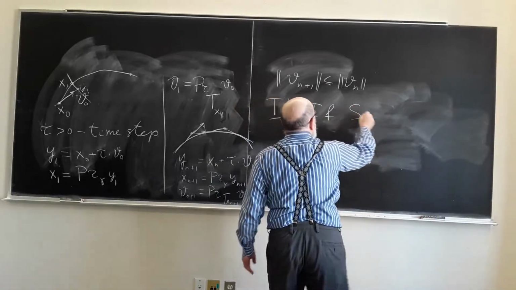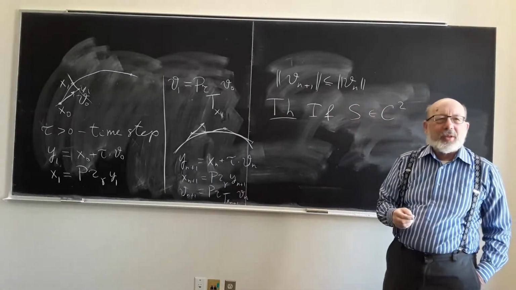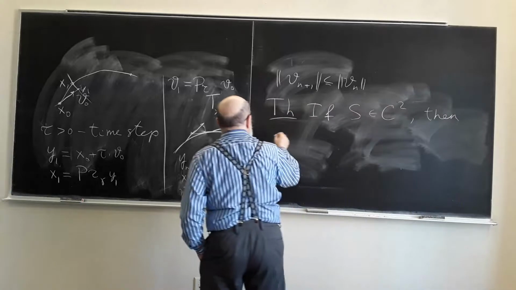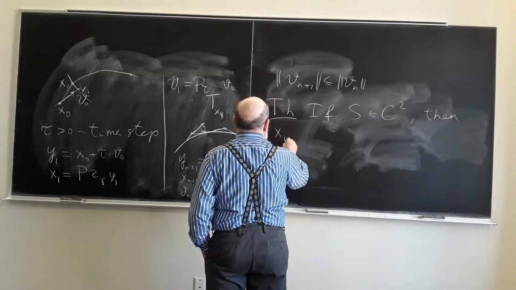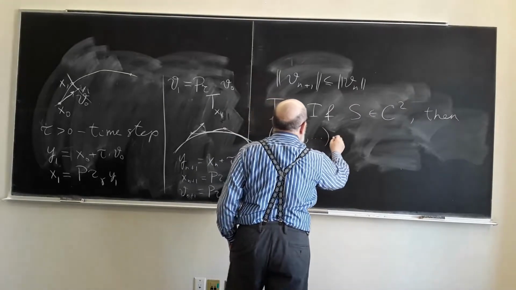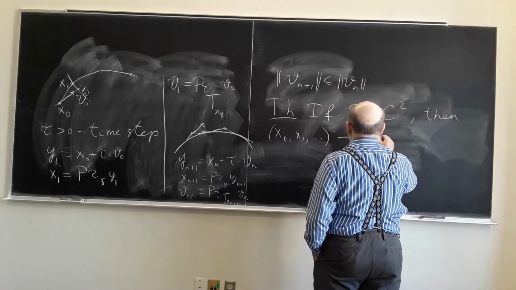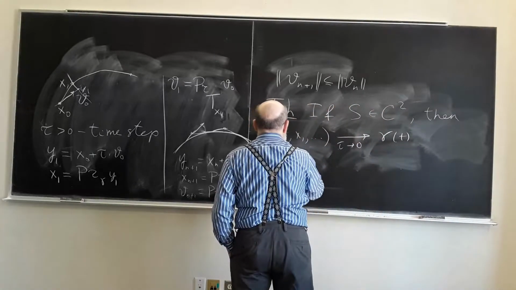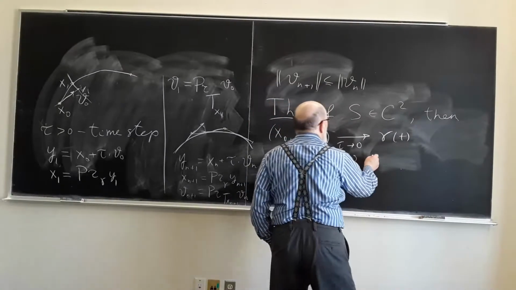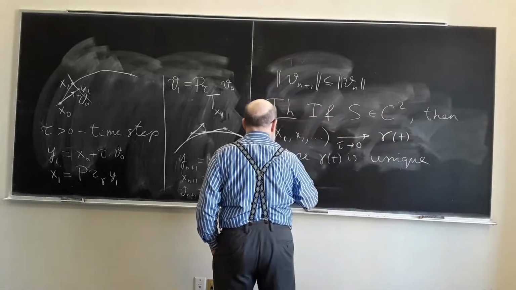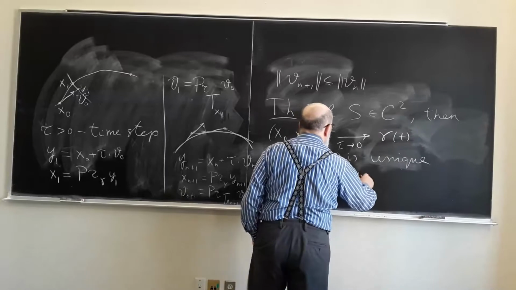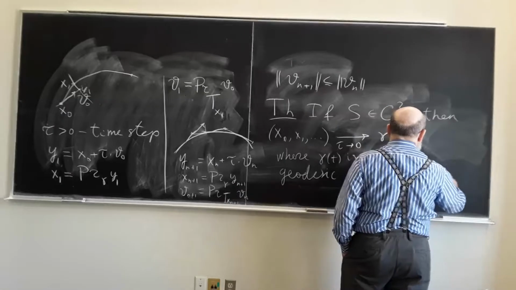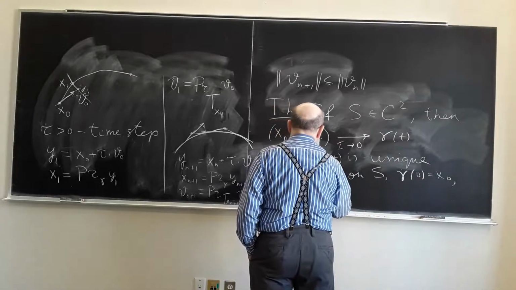If S is a twice differentiable surface, then x0, x1, and so on goes to some limit gamma of t when tau goes to 0, where gamma of t is the unique geodesic on S, gamma of 0 equals x0, gamma dot of 0 equals v0.